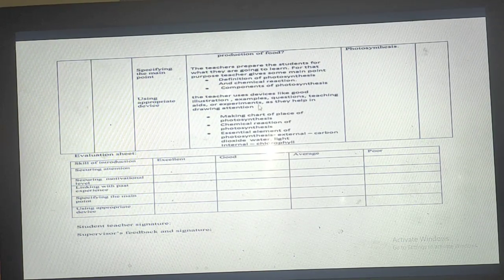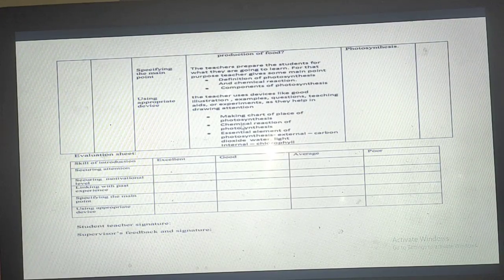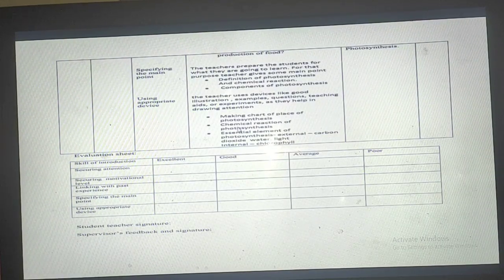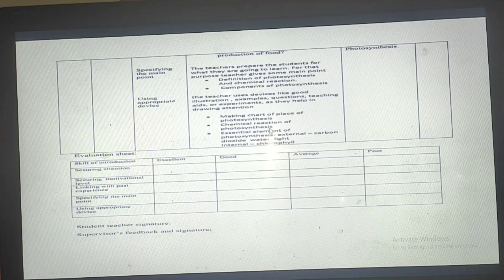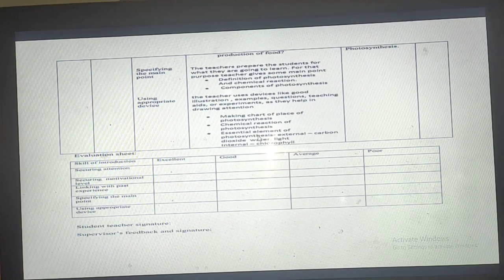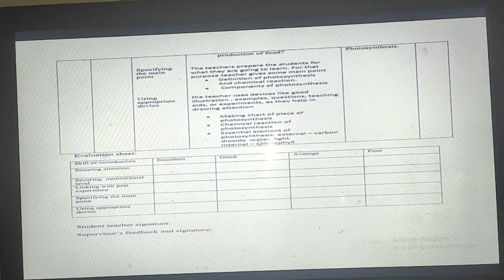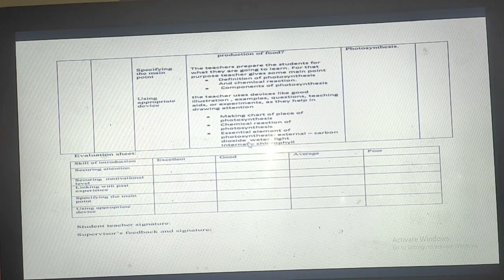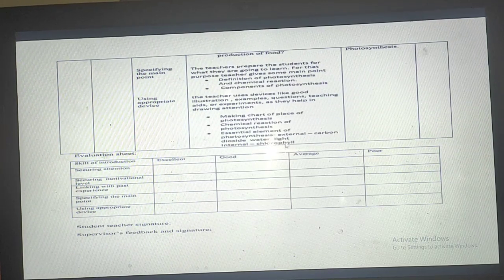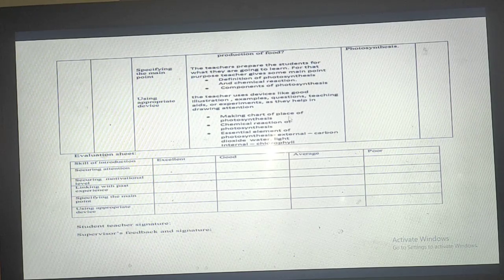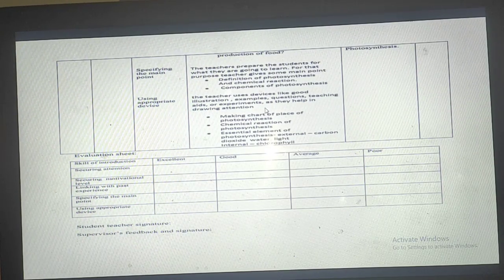I mentioned here some appropriate devices: making a chart of the process of photosynthesis, the chemical reaction of photosynthesis, and the essential elements for photosynthesis such as carbon dioxide, water, light, and internal chlorophyll. I am highlighting the main points.